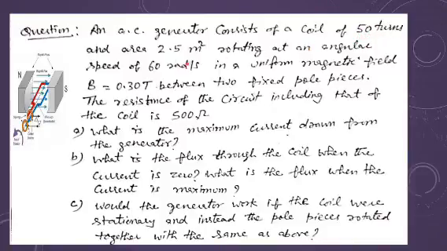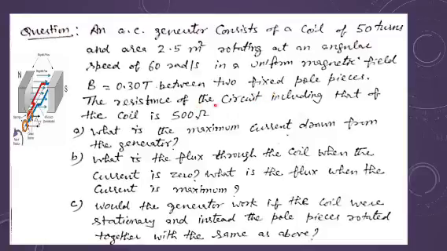Area is given as 2.5 meter square, rotating at an angular speed omega of 60 radian per second, and a uniform magnetic field of 0.30 Tesla between two fixed pole pieces.